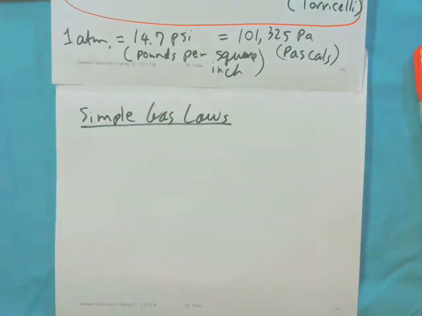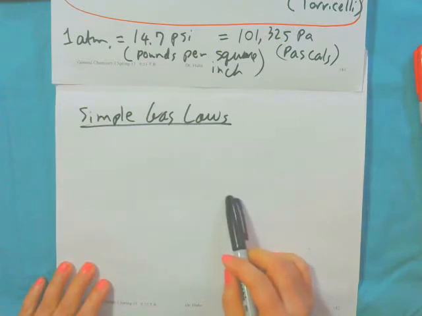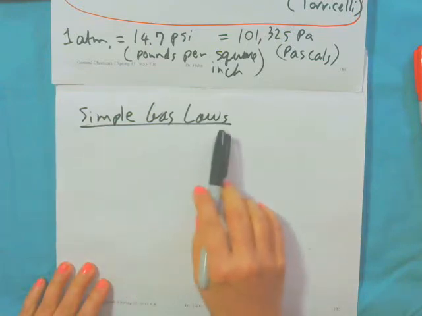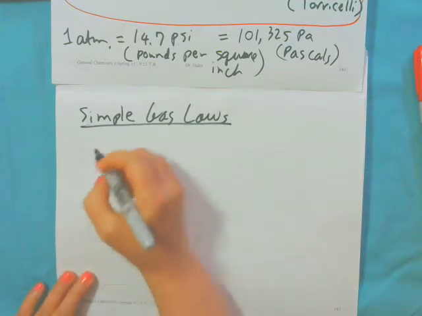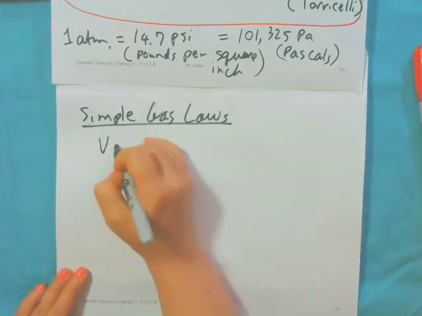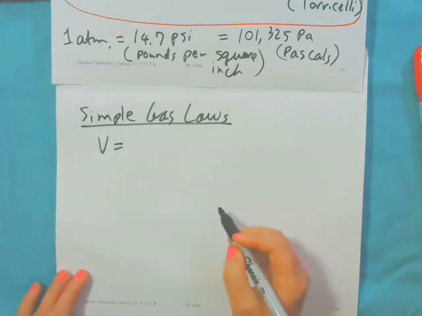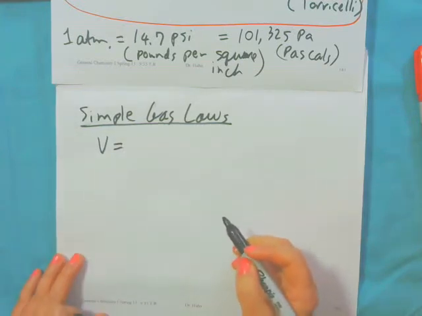And a lot of these are sort of very intuitively reasonable. What you'll find is that these simple gas laws relate pressure to volume, to temperature, and the amount of gas you have, or the number of moles. We're going to use the common symbols for all of these, and also the same units.